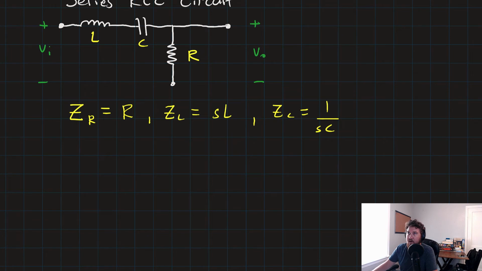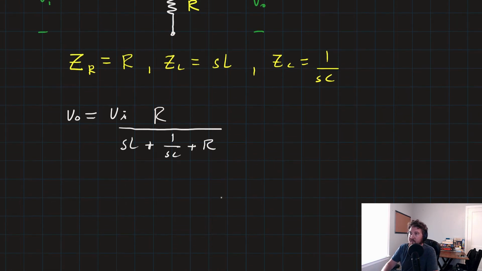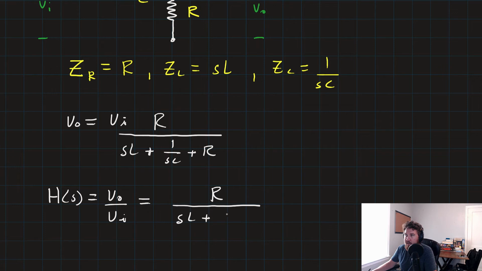Just like we've done before, we set up our voltage divider equation for V out, which will be equal to V in times R over the sum of these impedances: SL plus 1 over SC plus R. To make it a transfer function, we just divide out the V in. So H of S is equal to V out over V in, which is equal to R over SL plus 1 over SC plus R.